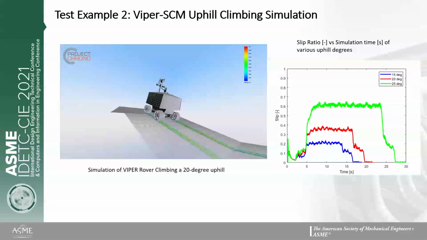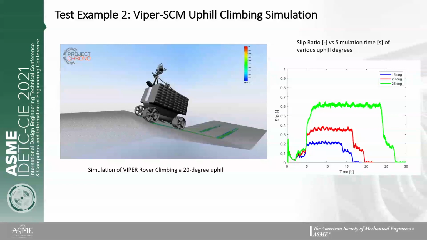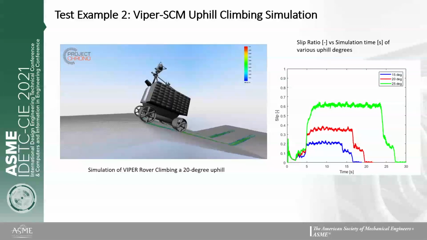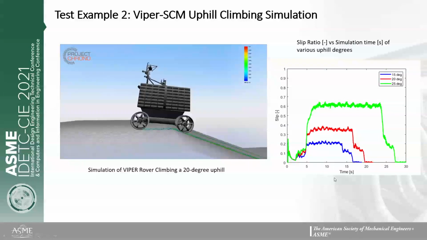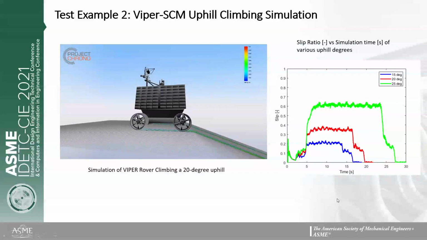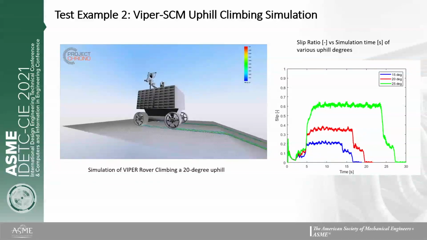The slip ratio for all three uphill angles can be found on the right side. The slip ratio increases as the uphill becomes steeper. It is approximately 0.2 at 15 degrees, 0.35 at 20 degrees, and approximately 0.6 at 25 degrees.